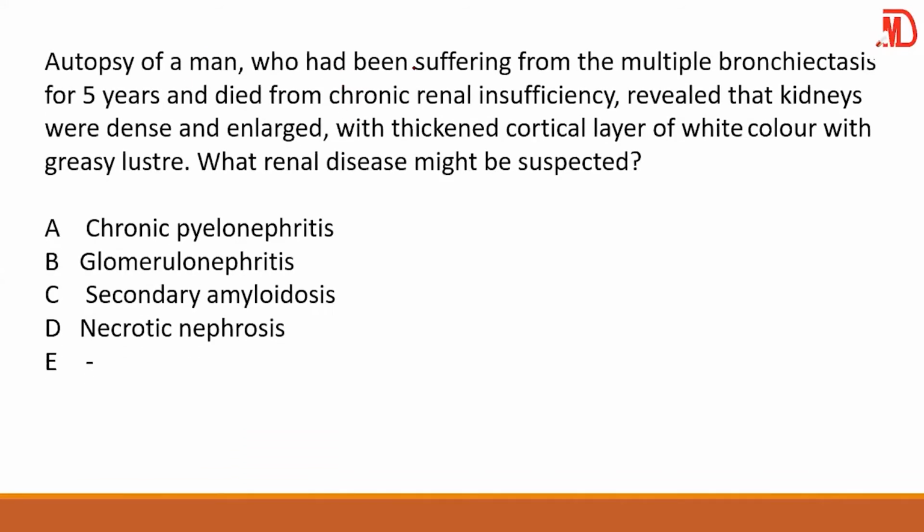Autopsy of a man who had been suffering from multiple bronchiectasis, that means dilatation of the bronchi, for 5 years, and died from chronic renal insufficiency, revealed that the kidneys were dense and enlarged with a thickened cortical layer of white color with greasy luster. What renal disease might be suspected?